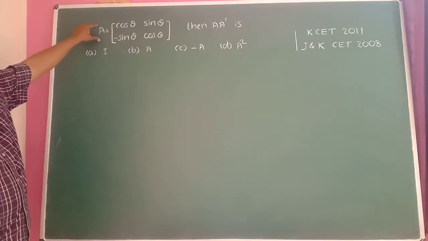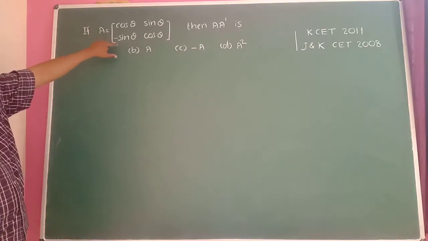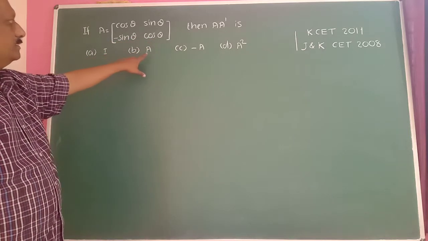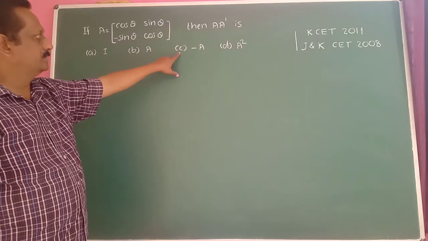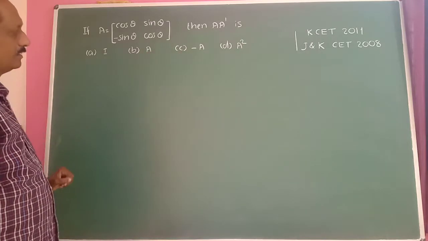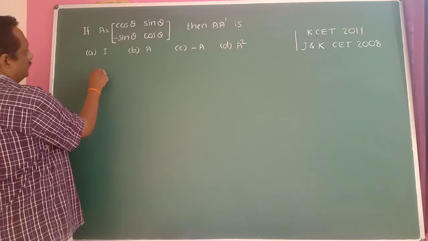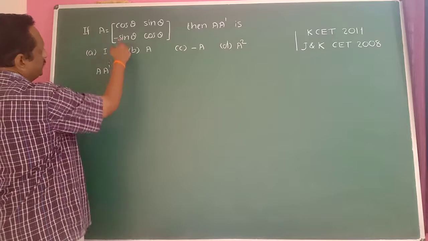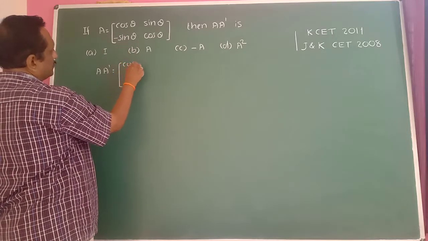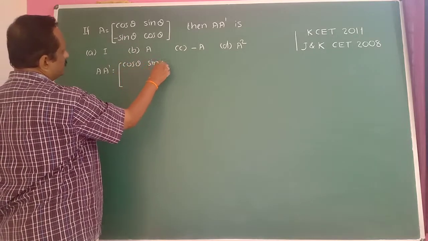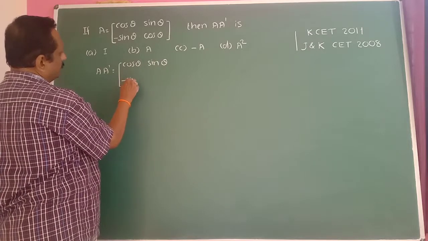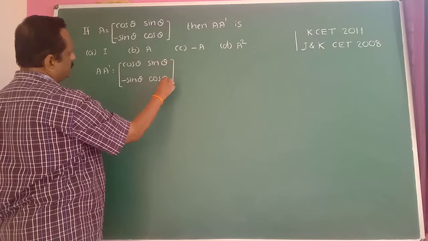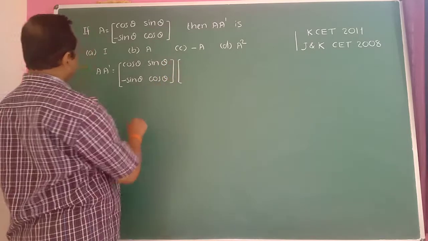Here, if A is equal to the matrix cos theta, sin theta, minus sin theta, cos theta, then A into A dash is: first option I, second option A, third option minus A, and fourth option A square. In this case, A into A dash is equal to, here A is this matrix cos theta, sin theta, minus sin theta, cos of theta, into A dash, which means the transpose of this matrix.